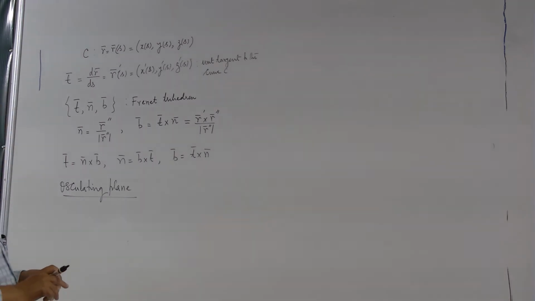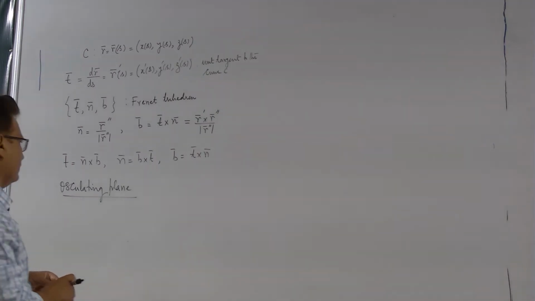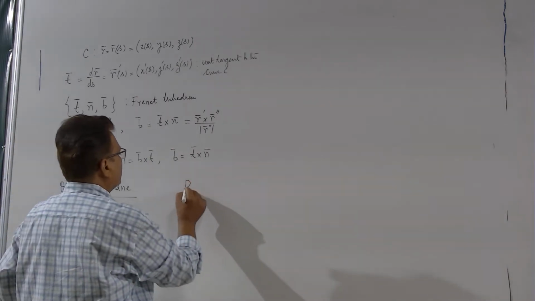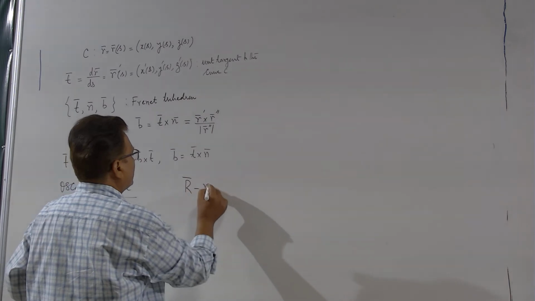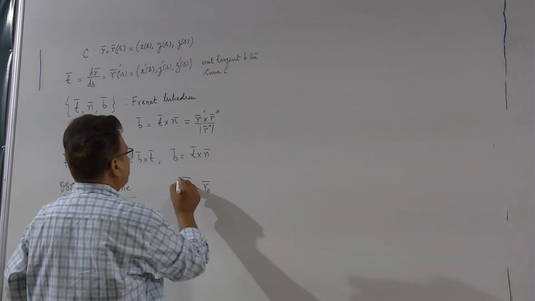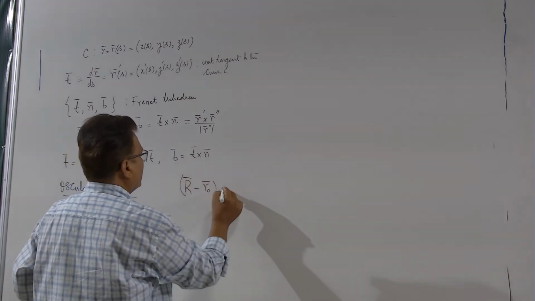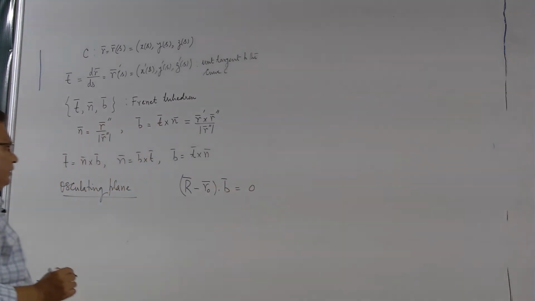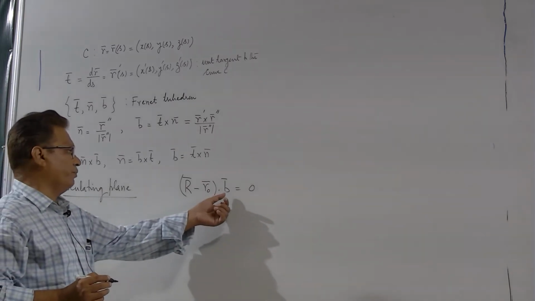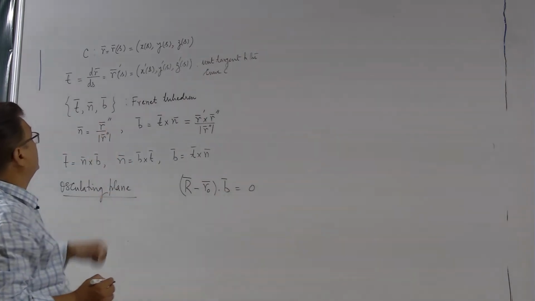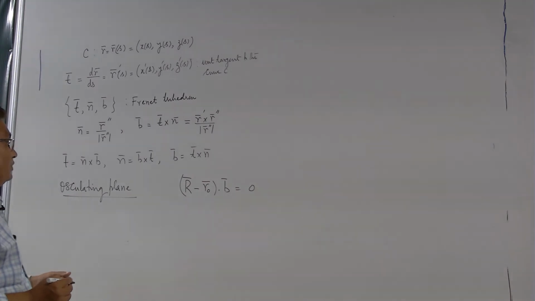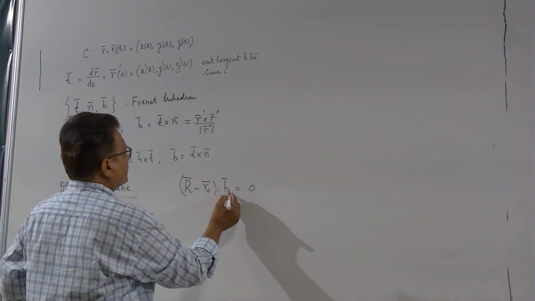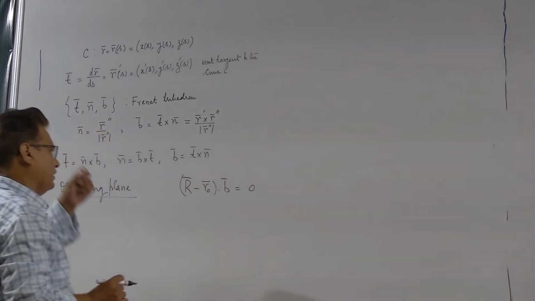It has a contact of order at least 2 with the curve at a point P. So, this is the plane whose equation we worked out at a point r as 0, and this dot B equal to 0. B is the unit normal. Everything is computed at a point whose parametric value is s 0, but we do not mention it all the time. So, B is also considered at a point r is 0.